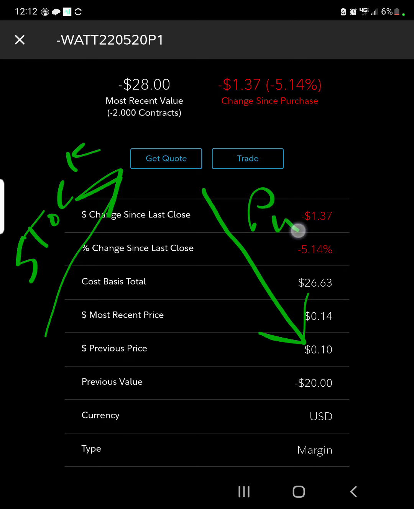So then the put price goes down, and that's because the higher the stock is, or the further away the strike price of $1 is from the actual share price, then that put contract is going to be worth less and less. The closer it is to the strike price being the stock price, the more valuable it is.